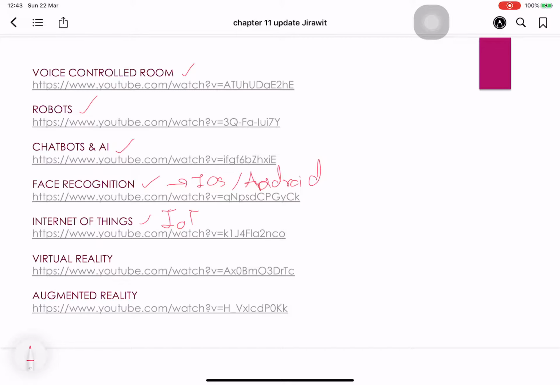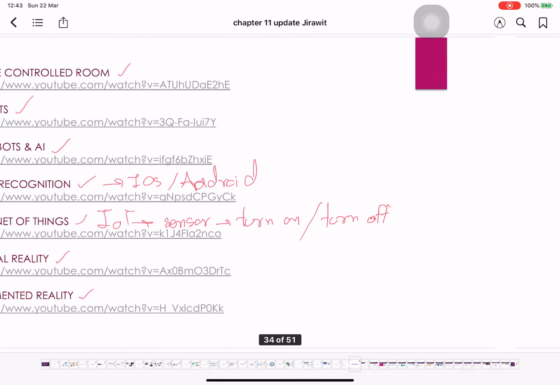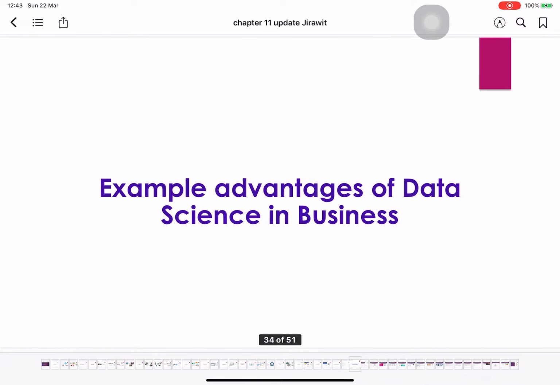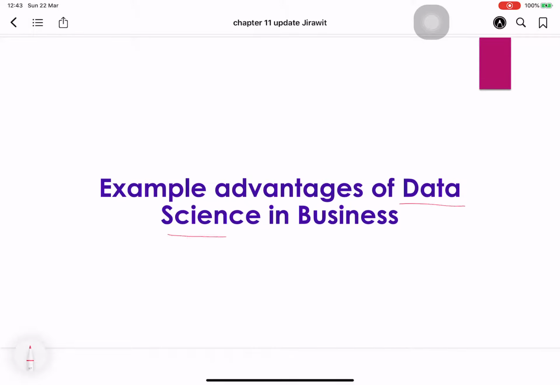For example, when you go to the room and the light is turned on, using the sensor, right, to recognize, and then the electronic device can be turned on or turned off. Okay, or start working. And you may have virtual reality, you may have augmented reality. Example, the advantage of the data science in the business.